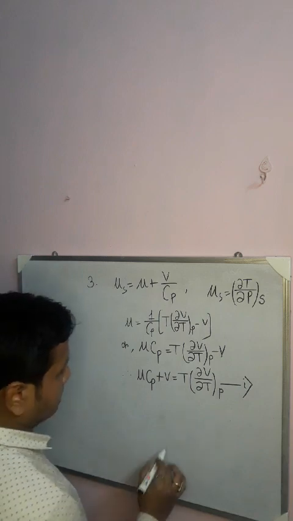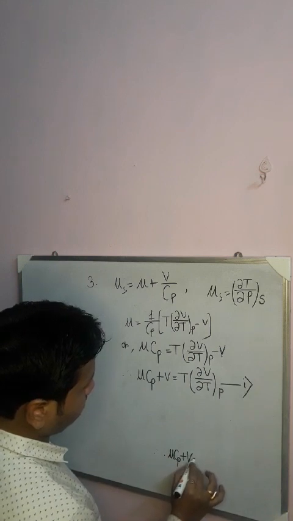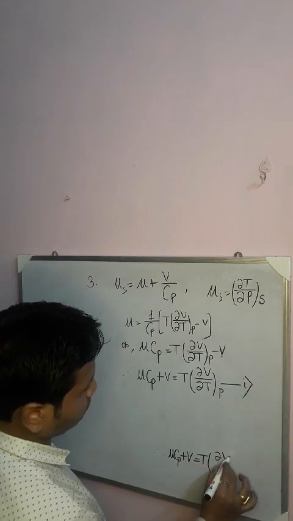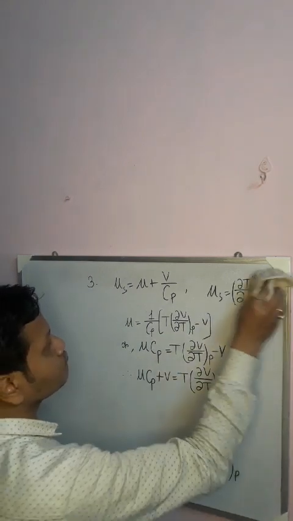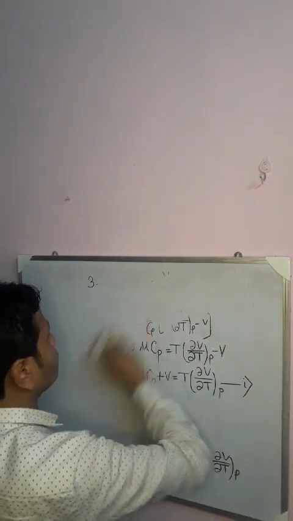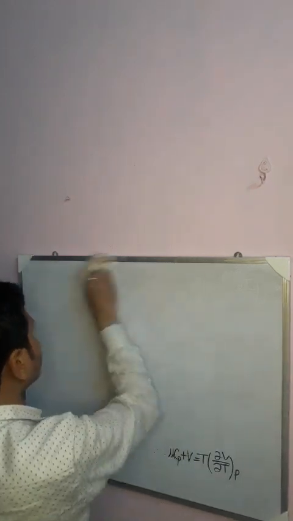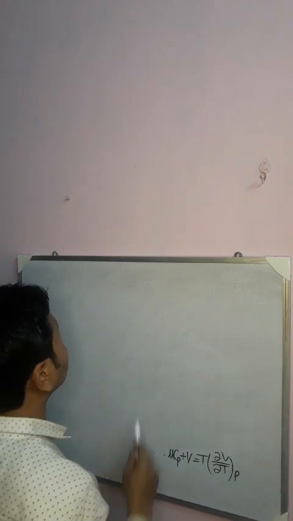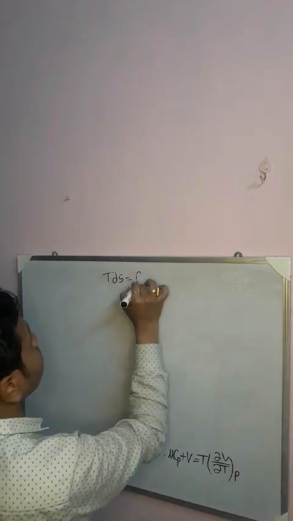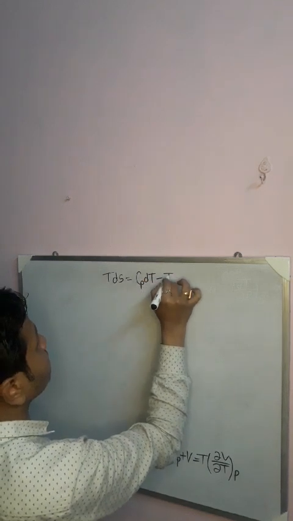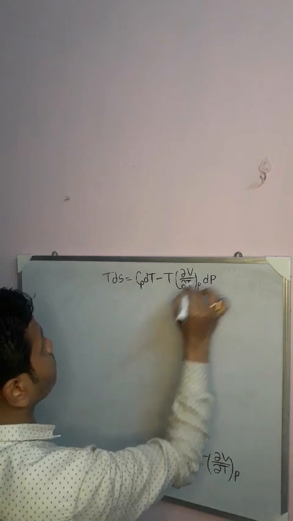So I can write it here: mu Cp plus V equals T del V del T at constant pressure. Now, starting from the second TdS equation, T dS equals Cp dT minus T del V del T at constant pressure dP.